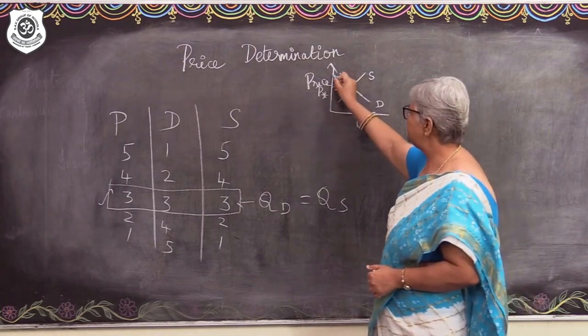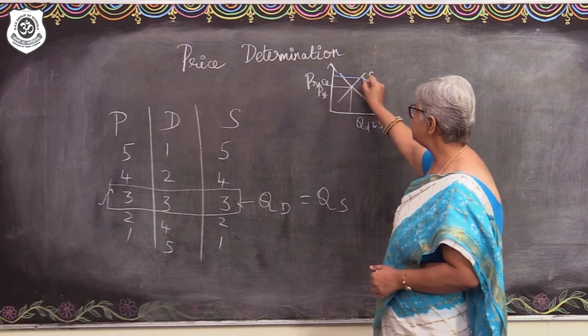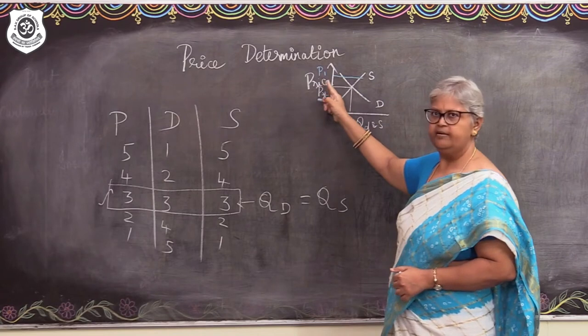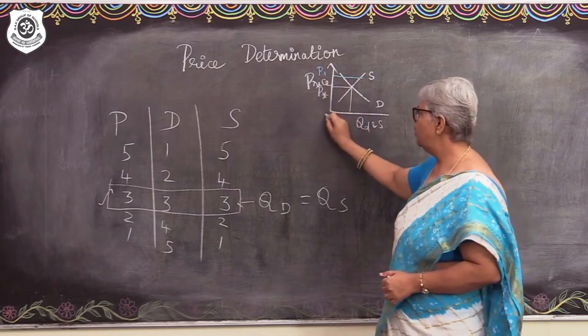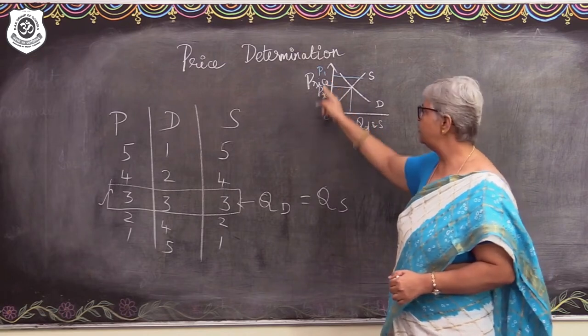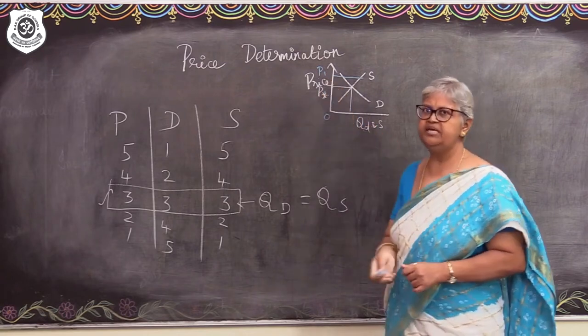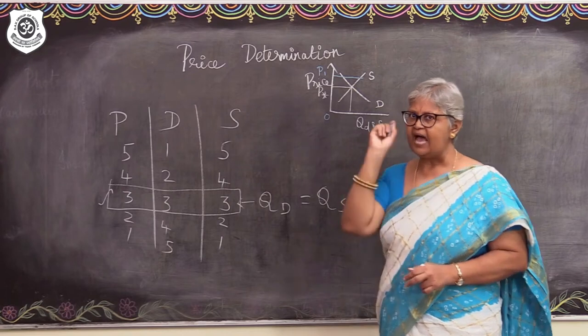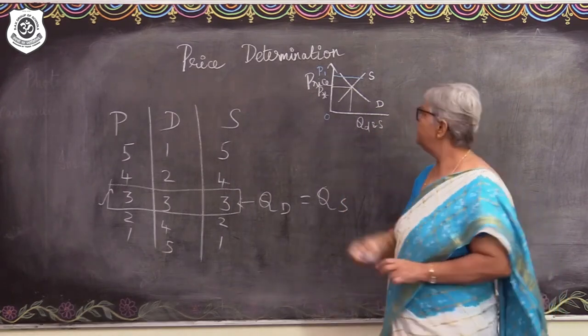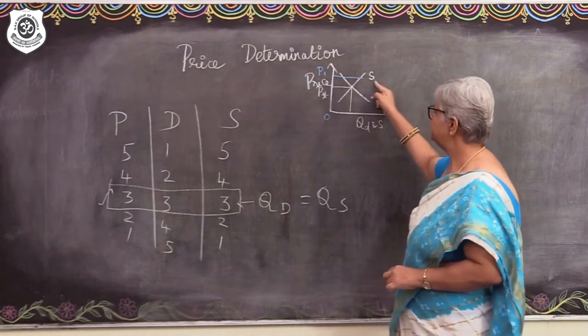Take up a price level, let us say P1, fine, instead of OP star. Let us understand, now the market price is going to be OP1. At OP1 price, look at the supply.